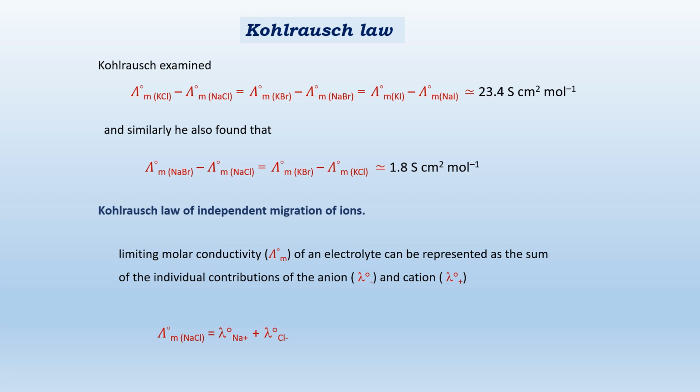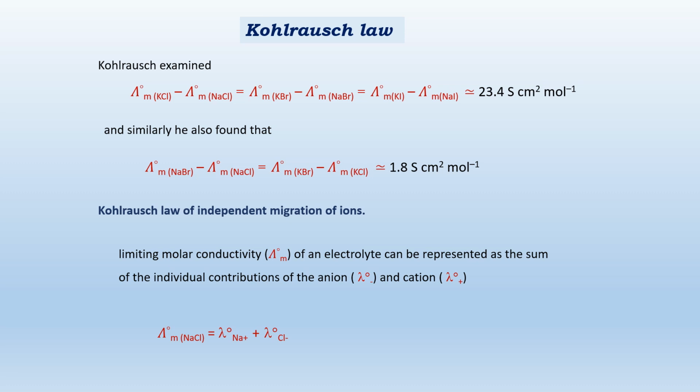In the other set of experiments, by maintaining the same cation, the sodium will cancel. It shows the Br minus Cl in the second part, with an approximate value of 1.8. That is a constant value. Hence, he concluded that the individual ion plays a major role for the limiting molar conductivity of an electrolyte.